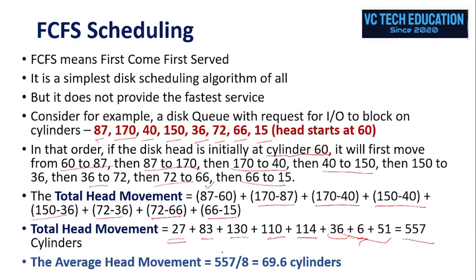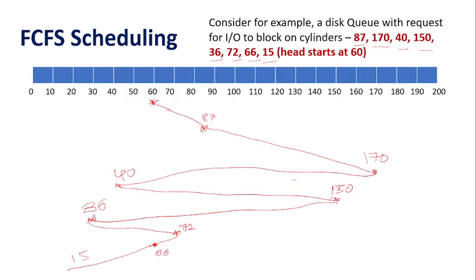Then the average head movement equals 557 divided by 8. Why 8? 1, 2, 3, 4, 5, 6, 7, 8. There are 8 movements, so divided by 8, the average head movement is 69.6. Once again, in the diagram you can see the first come first serve scheduling algorithm.